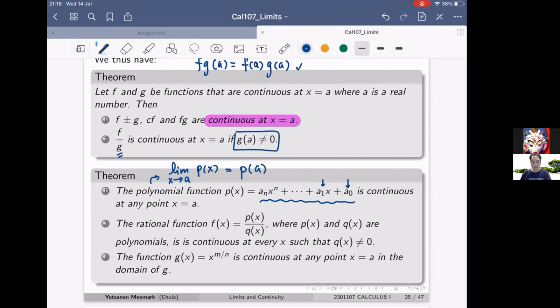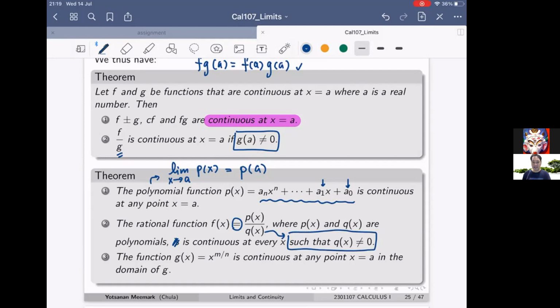Okay, and the rational function: if you have two functions divided by each other and both of them are polynomials, this function is continuous at each and every point x, except the point where your q(x), the bottom, is 0.